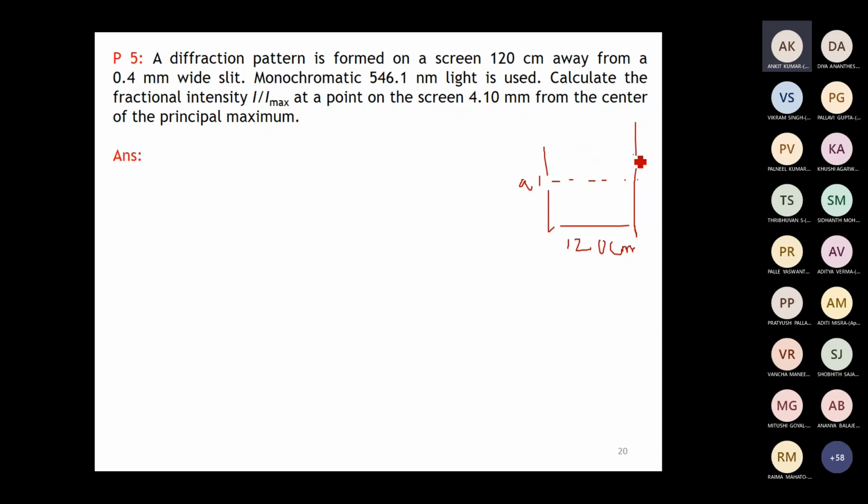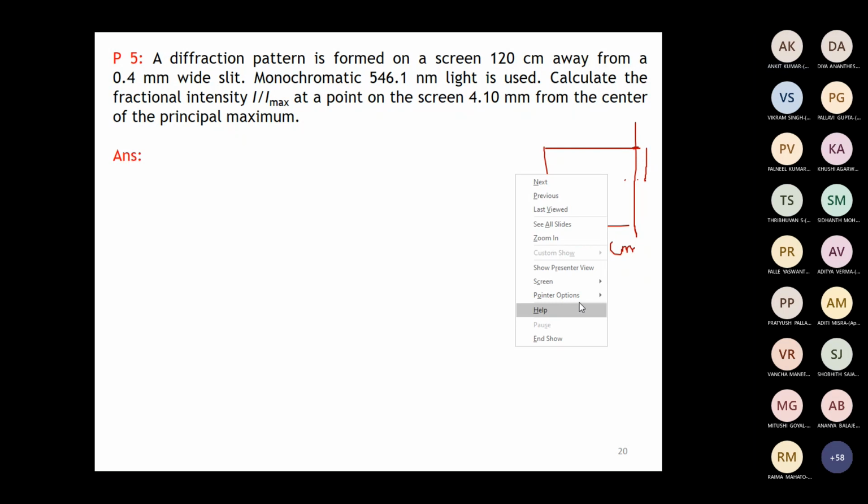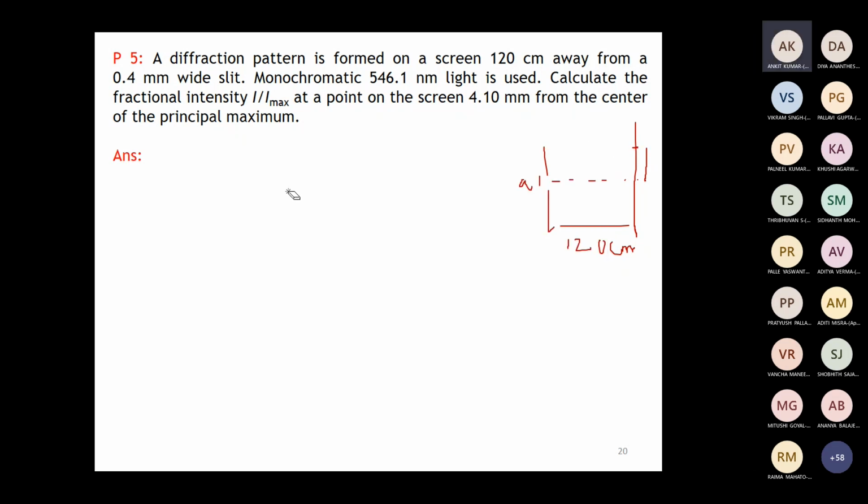Let us say this is a point on the screen, which is 4.1 millimeter. At this point, you need to find the intensity. Okay. How will you go ahead with it?